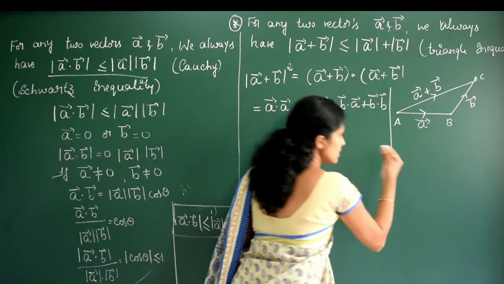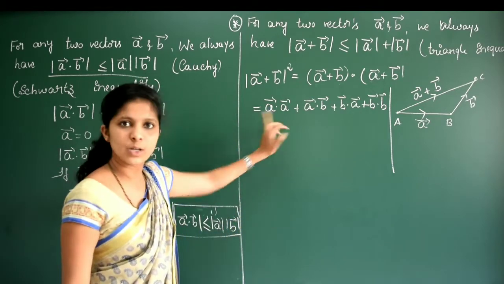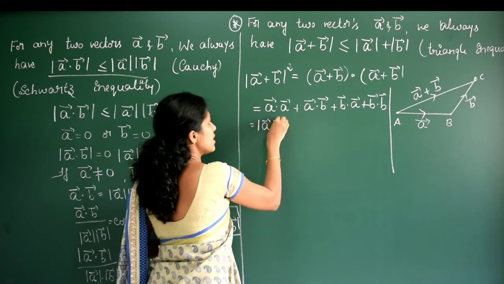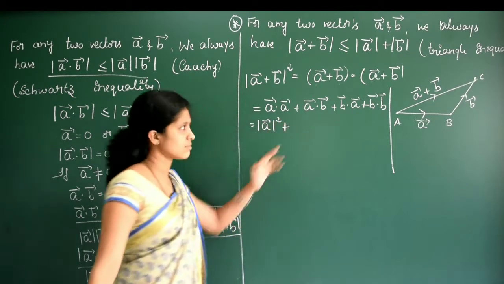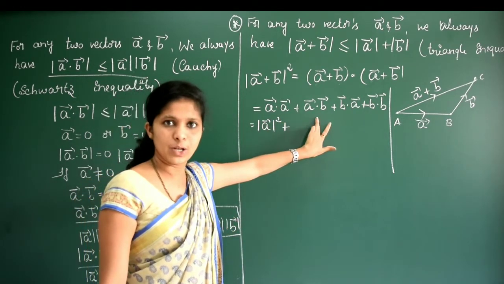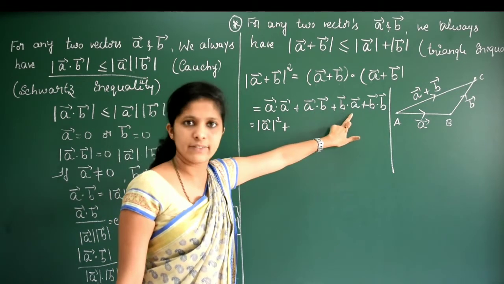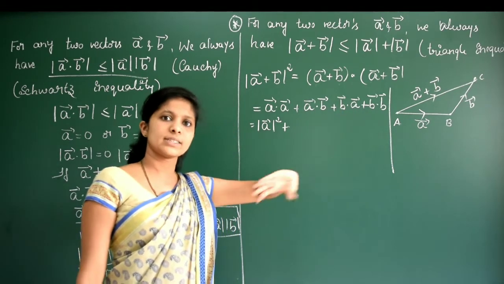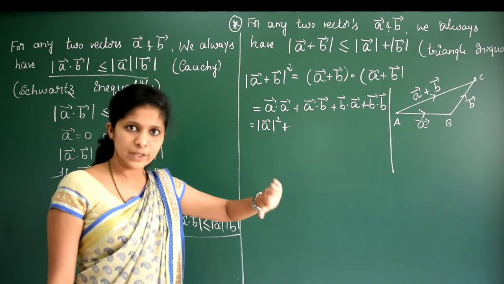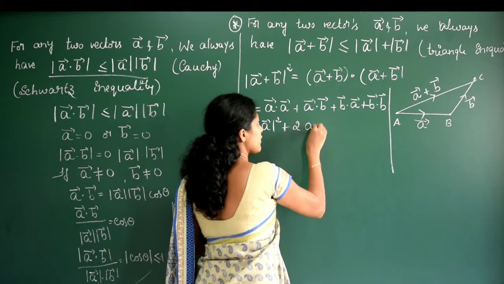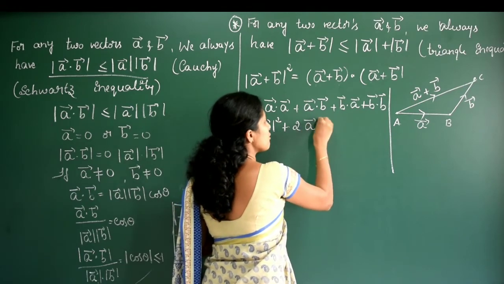Clear? Now see, a vector dot a vector will be the magnitude of a vector square. Now you know that the dot product is commutative, right? So a vector dot b vector plus b vector dot a vector. So you can consider b vector dot a vector as a vector dot b vector. Both are same. So we can write this as plus 2 a vector dot b vector.